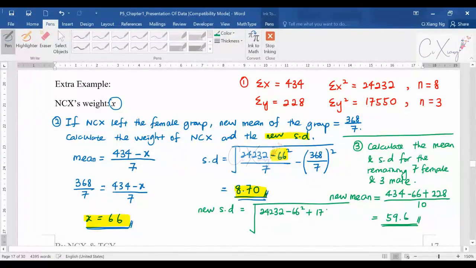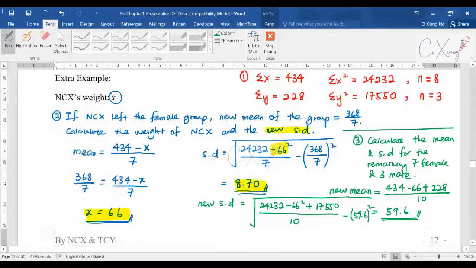So 17550, divided by 10, okay, and then minus 59.6 squared. All right, then again, by just pressing the calculator, what do you get?